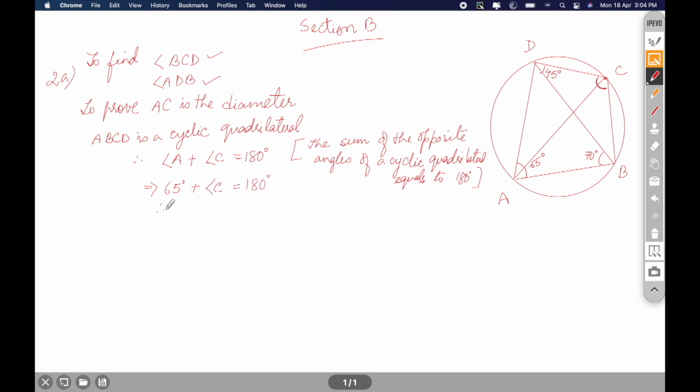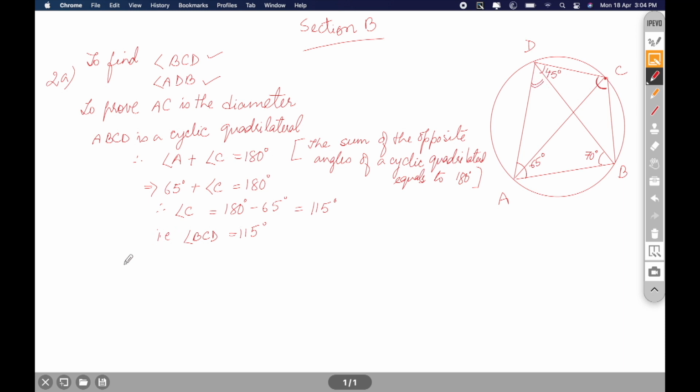So therefore angle C equals 180 degree minus 65 degree, giving us 115 degree. That is angle BCD is 115 degree. Next we need to find the measurement of angle ADB, that is this angle.